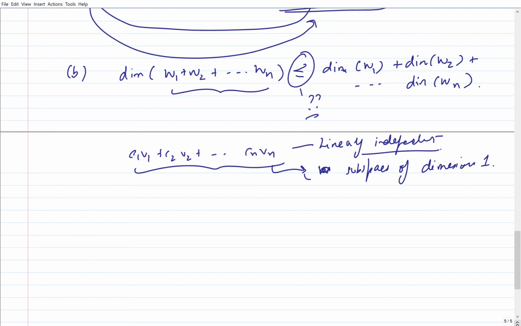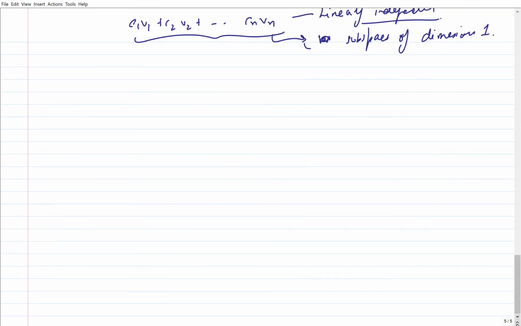Okay, so there is just one more proposition to cap up this chapter, which is this dimension formula.